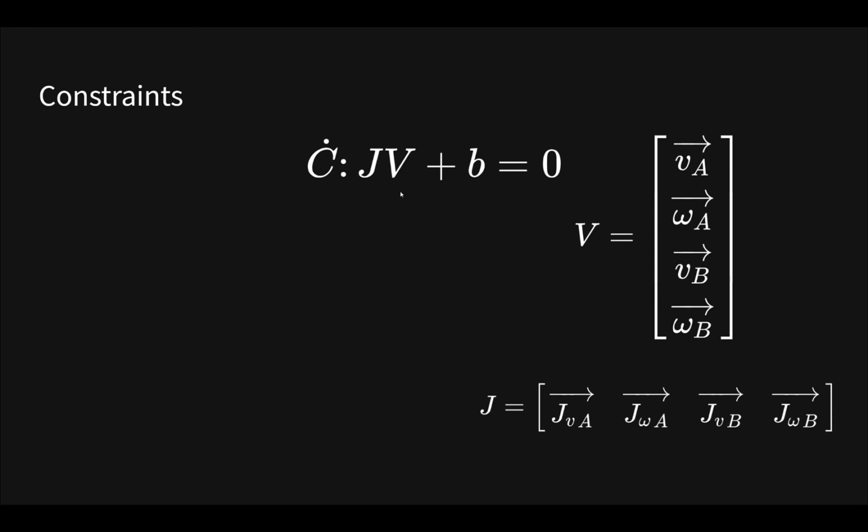And J is what we call the Jacobian matrix, which contains the linear combinations for each of these components. And then we have a bias term, and I'll get into what that's used for later.